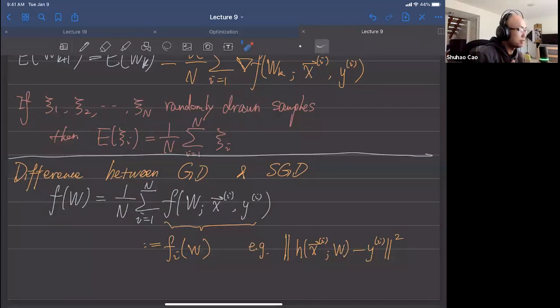And of course, for classification problem, we can have the cross entropy function.